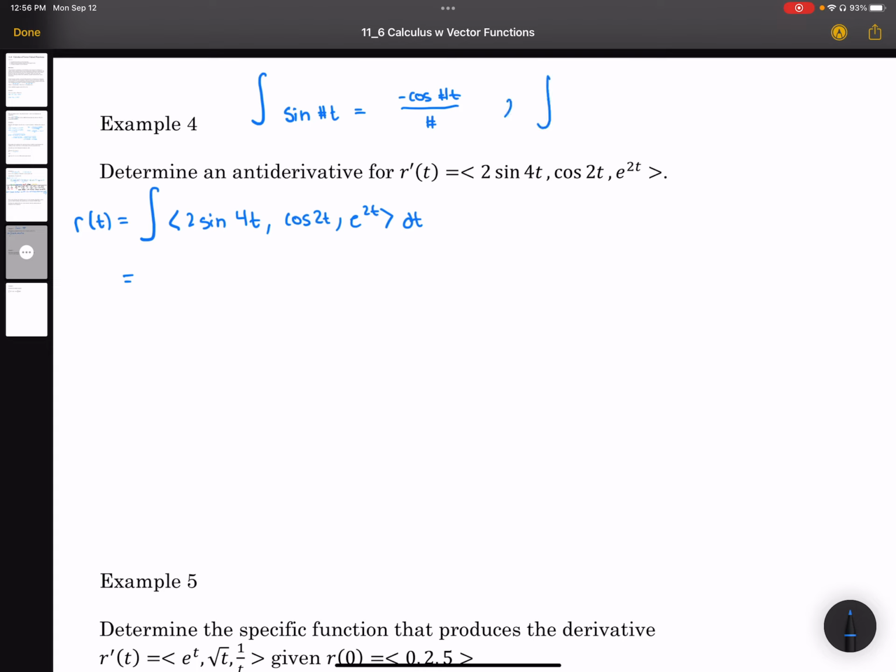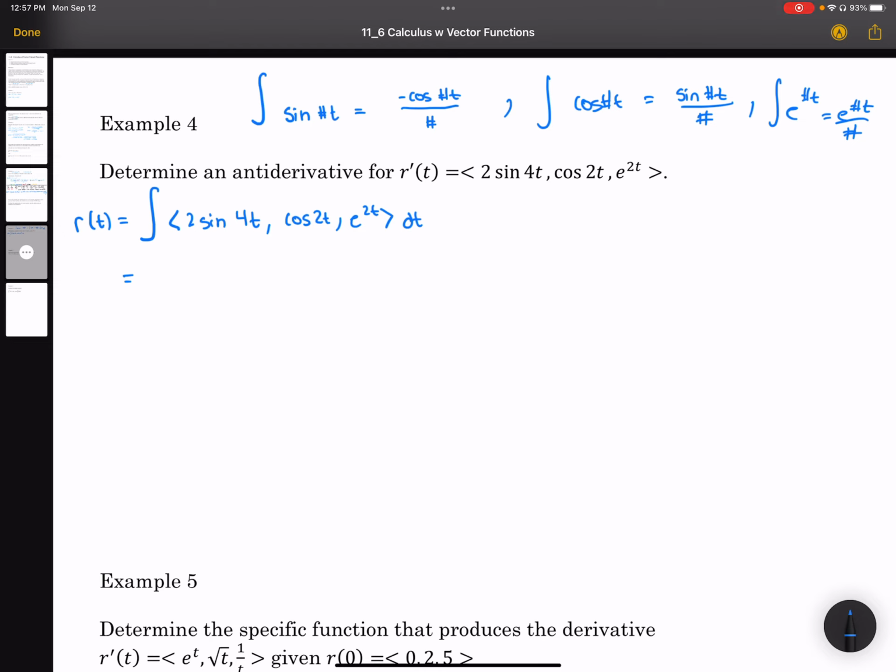The antiderivative of cosine of some number times t is equal to the sine of that number times t, divided by that number, plus a constant. And similarly, the antiderivative of e to some number times t is equal to e to that number times t, divided by that number. Cool.